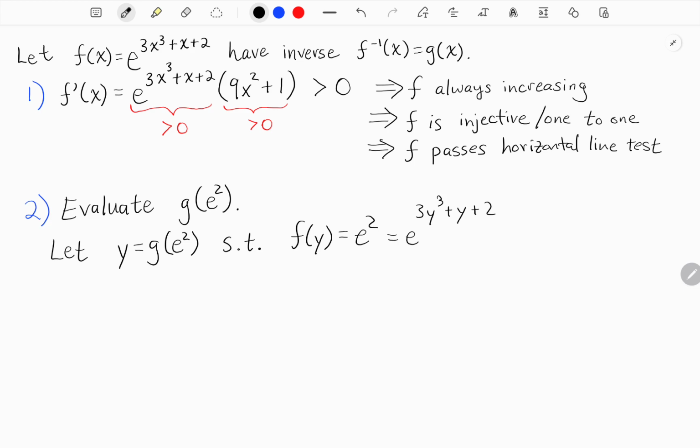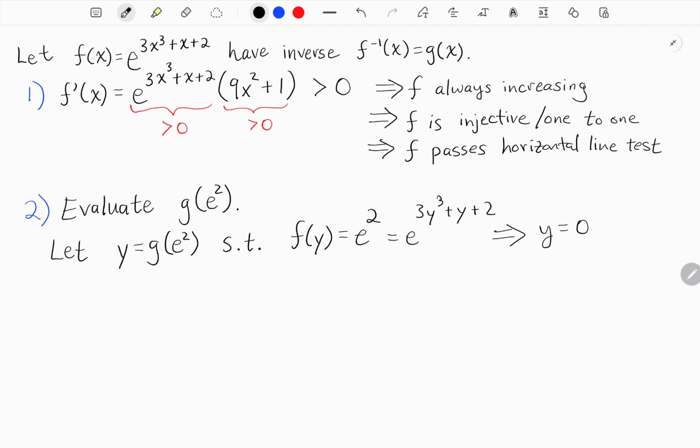Okay, and we know that f is injective or one-to-one, which means that the value of this exponent has to equal 2, which means that if I just eyeball this, I know that y is equal to 0, because f is injective, so there are no other values of y apart from 0 that can make this equal to 2.